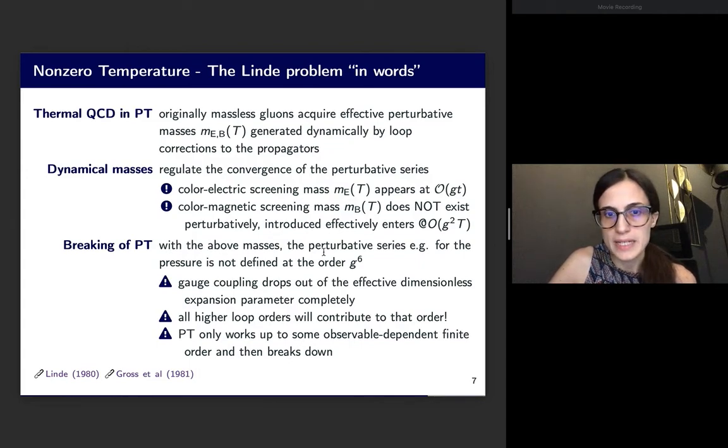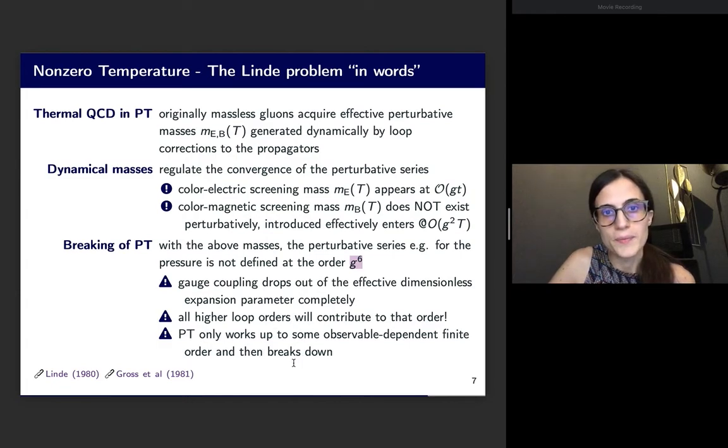With the above masses, the perturbative series, for example, for the pressure, stops being defined at order g squared. Why? Because the gauge coupling drops out of the effective dimensionless expansion parameter completely at this point. And when that happens, you suddenly are having a term where there is no g dependence, and then all higher loop orders will contribute to that order.